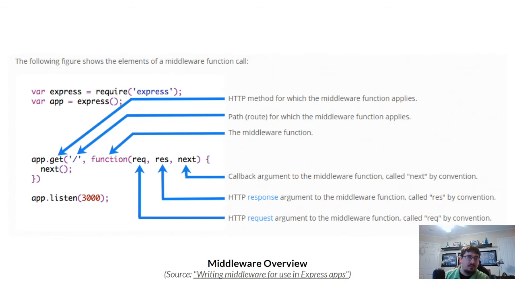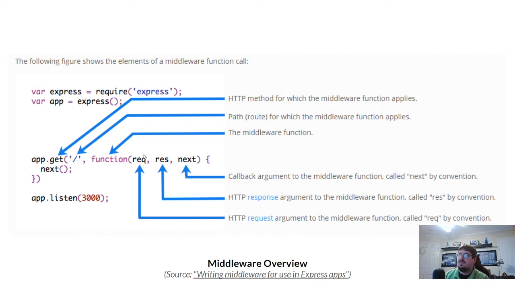What were you saying, Paul? Is the order important with req, res, next? And with the next there, what is that doing? Is it for some other function that hasn't been written yet? Correct. So yes, the order is important. They have to be in that order. You cannot change the order because Express will always pass them to you in that order.